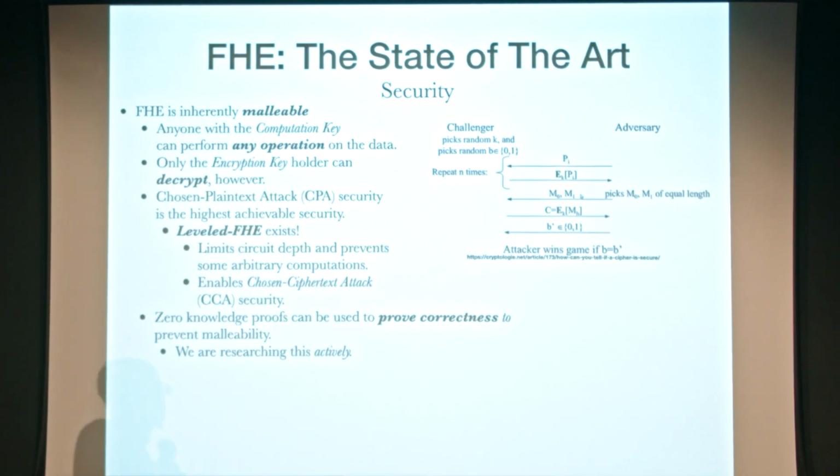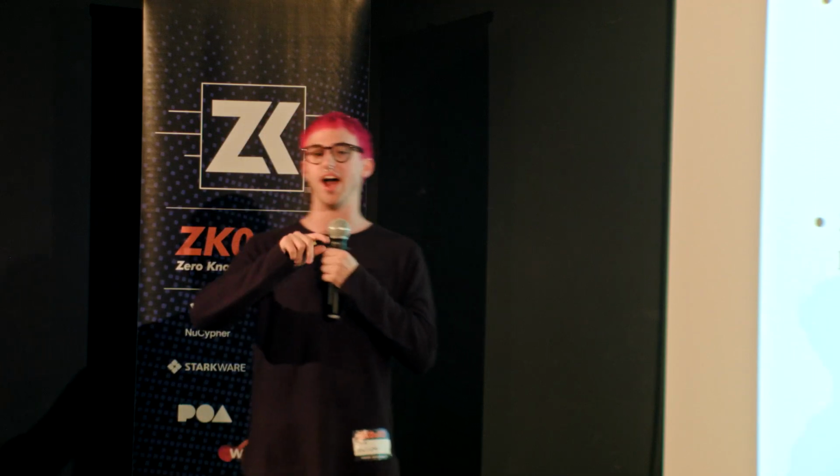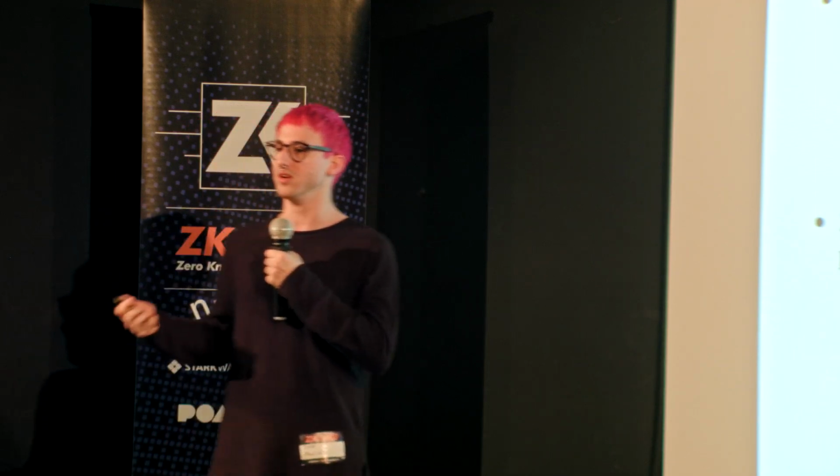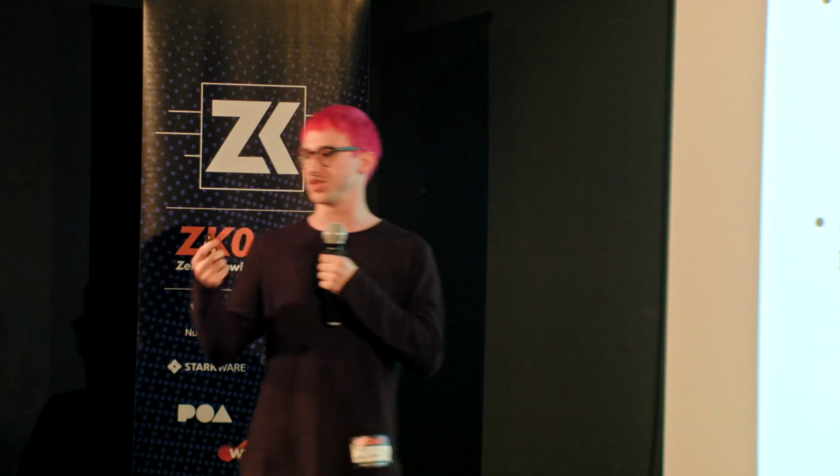And also, zero-knowledge proofs can be used to prove correctness in the computation to prevent malleability. So theoretically, we may be able to say, are you sure that you performed this one circuit, right? The example I always give is, say you want to perform a computation on 2 encrypted numbers and add them together. Say 2 plus 2. We may get the output of 4, and that's what you expect.